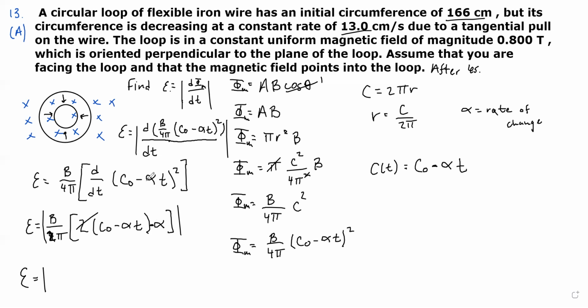If we're doing the math strictly correctly, that should be a negative alpha there. B is 0.8 divided by 2 pi, times original circumference, which is 1.66. We've got to convert from centimeters to meters. Minus 0.13 times 6, times negative 0.13.